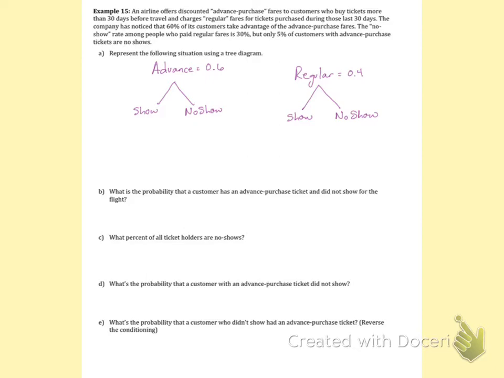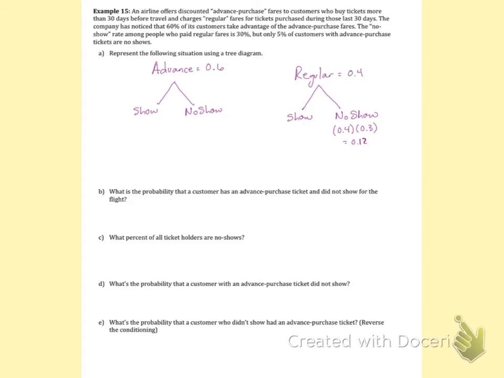Therefore, of these no-shows, 30% didn't show up. So of the 40%, 30% did not show, meaning that out of the total of all people, 12% were both regular fares and didn't show up for the flight.